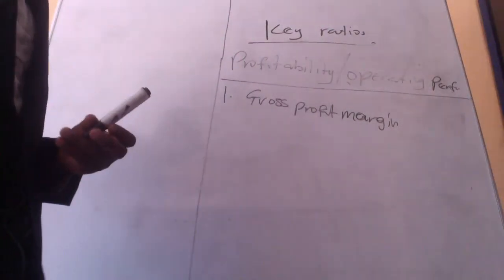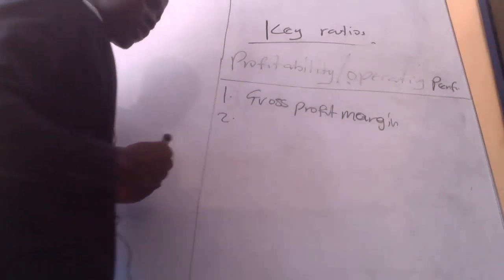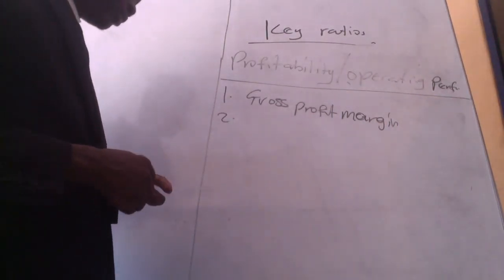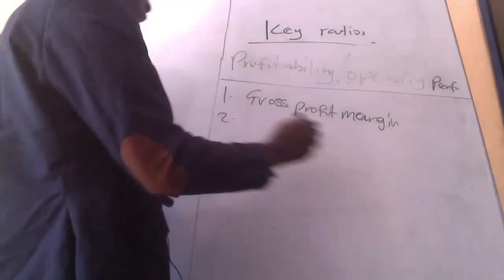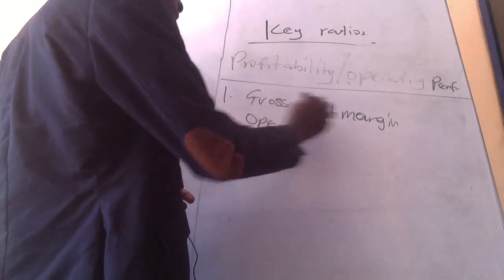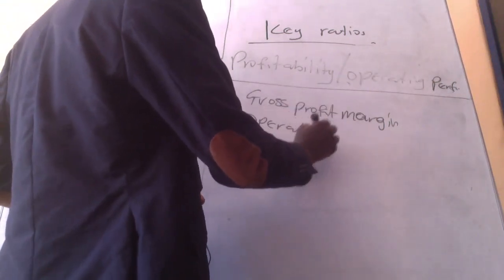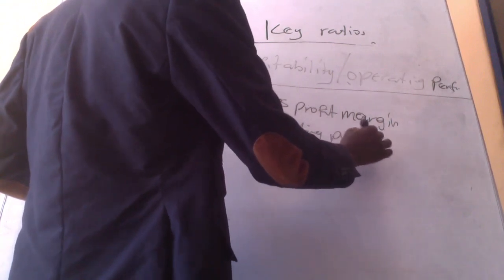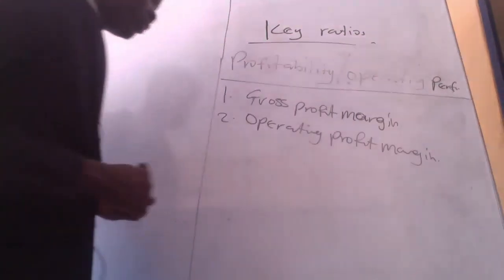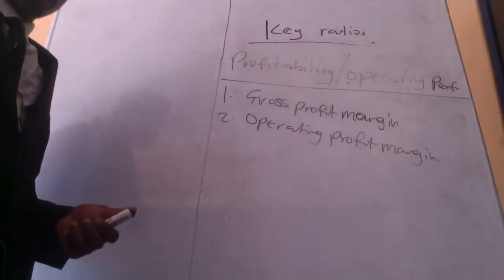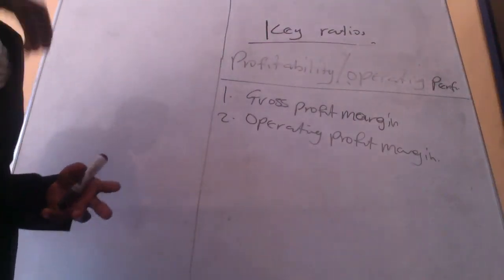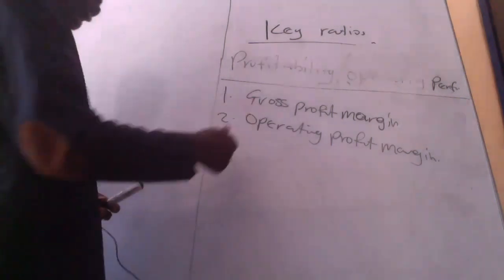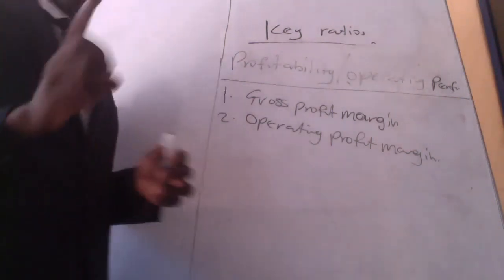Good. Then we go on to the second ratio under profitability. We also talk about the operating profit margin. As the name suggests, it is operating profit, but here there are two types of operating profit.